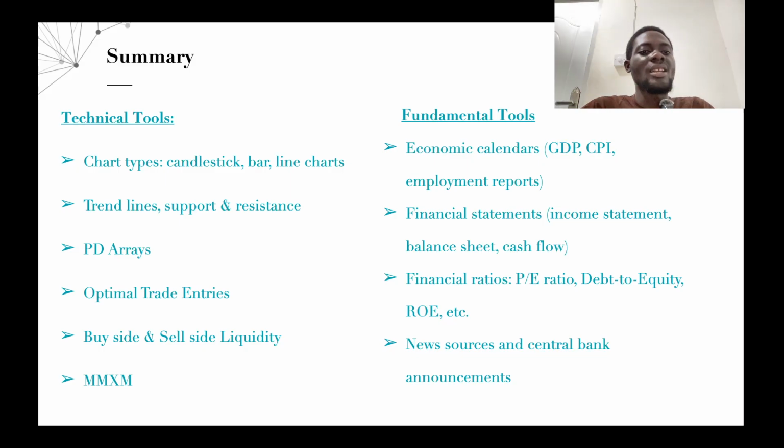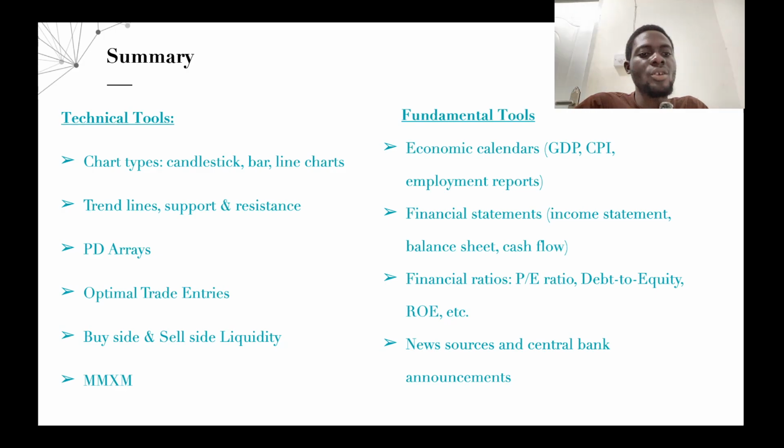Yes. Trend lines I mentioned, support and resistance I mentioned, PD arrays. We are going to go deep into that when we start our technicals. And most of the things I've mentioned here are solely ICT concepts. That is what I use, that's what my community uses, so we stick to that. You understand?